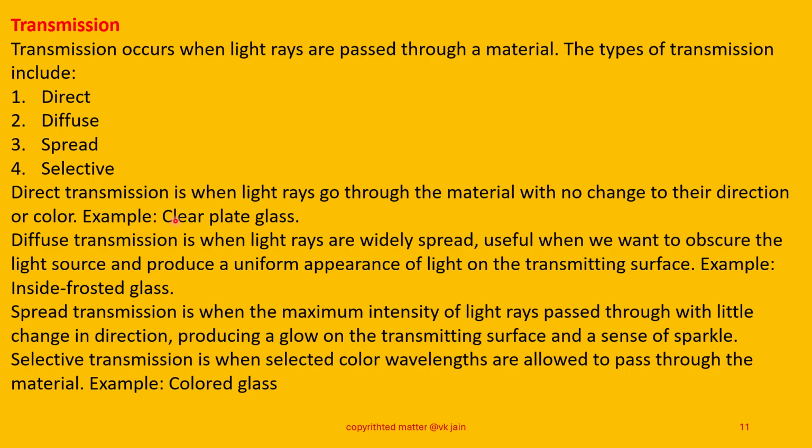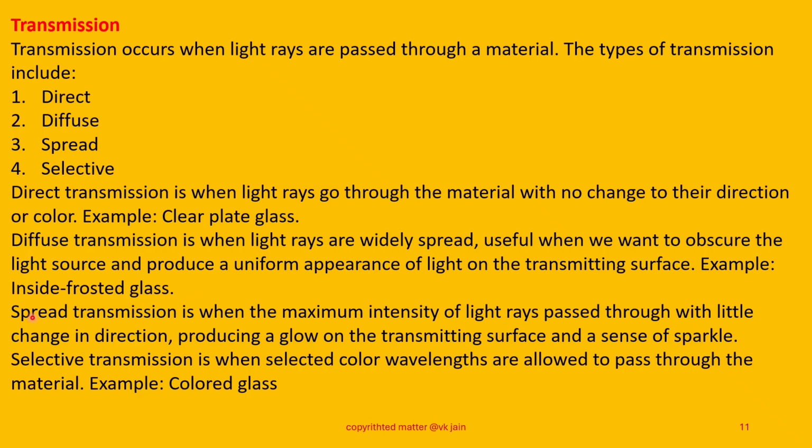Example, a clear glass plate. Second, diffuse transmission is when light rays are widely spread, useful when we want to obscure the light source and produce a uniform appearance of light on the transmitting surface. Example, inside frosted glass.